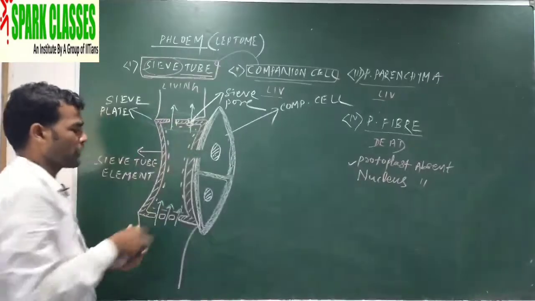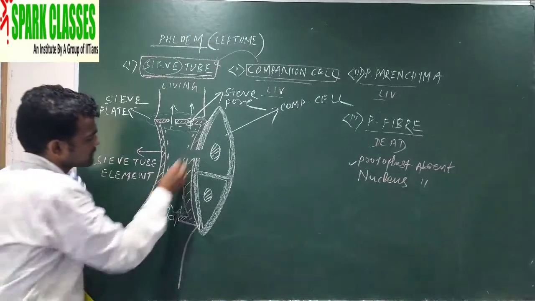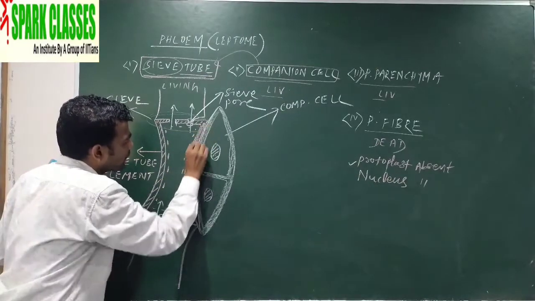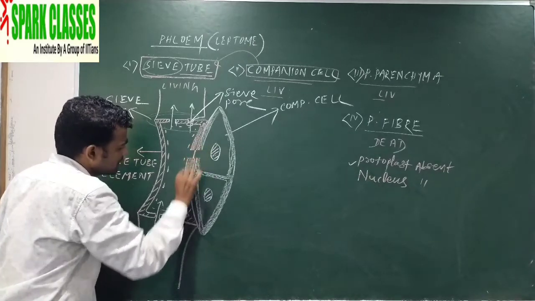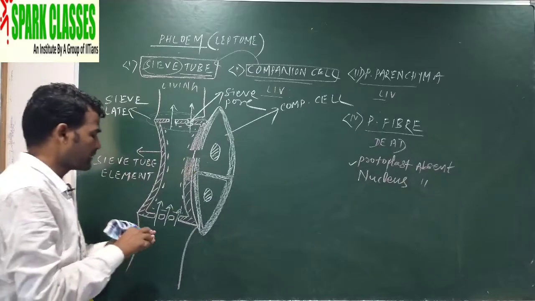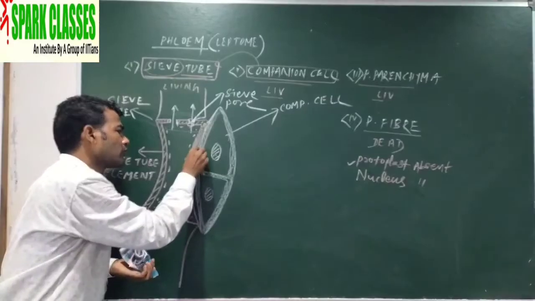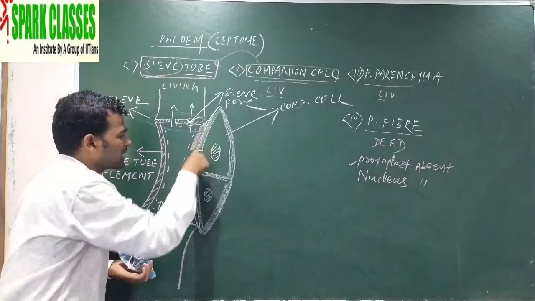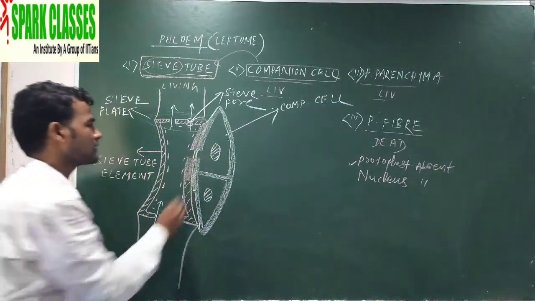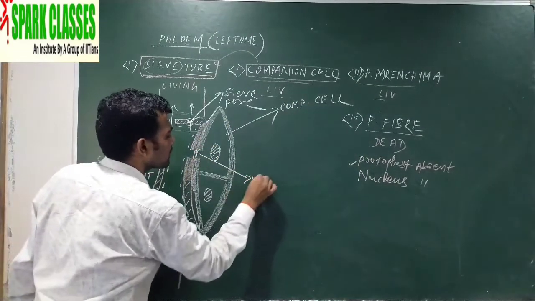If you look at this point, you can easily compare. This is the wall of the sieve tube, but here this is a thin portion. Similarly, this side is the wall of the companion cell. This is the thick portion, this is the thin portion. These thin portions are called pits or pit fields.